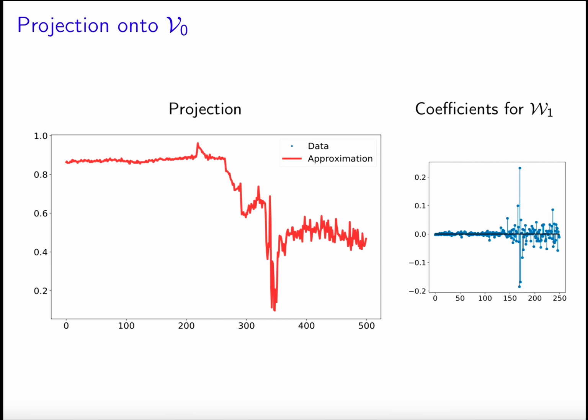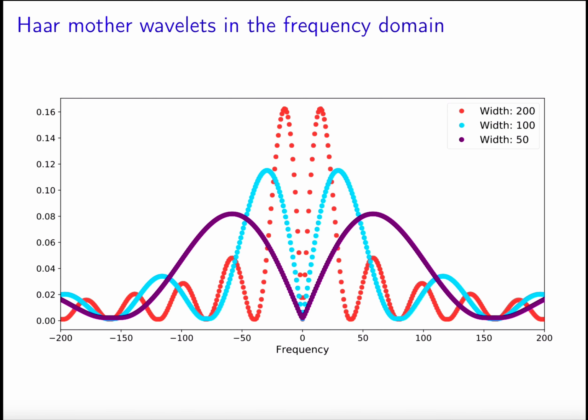Okay, so again, this would be the coefficients for W1, which are just mother wavelets that just look like this. Okay, and that's the really beautiful mathematical framework built by Mallat and Meyer to describe and manipulate multi-resolution decompositions.